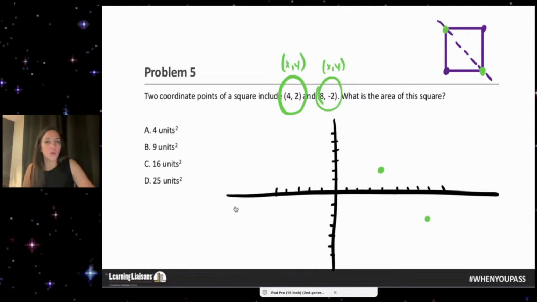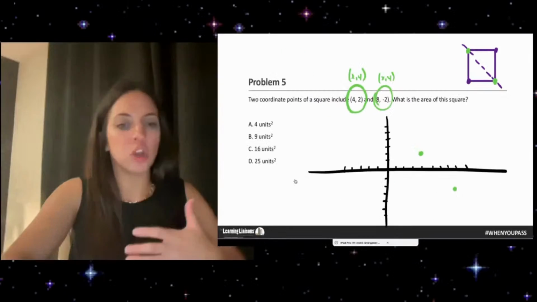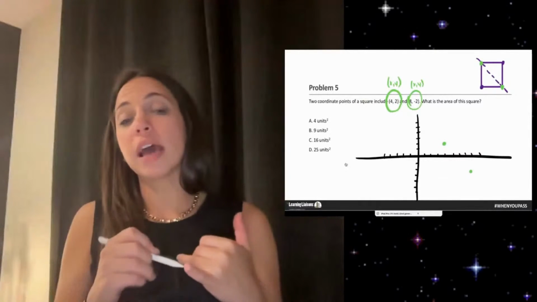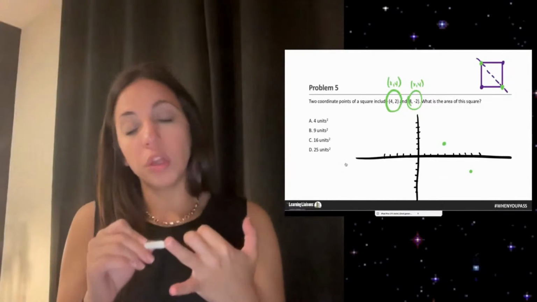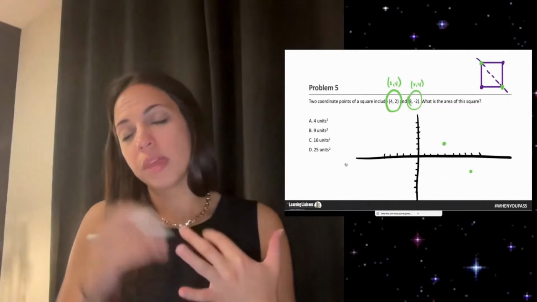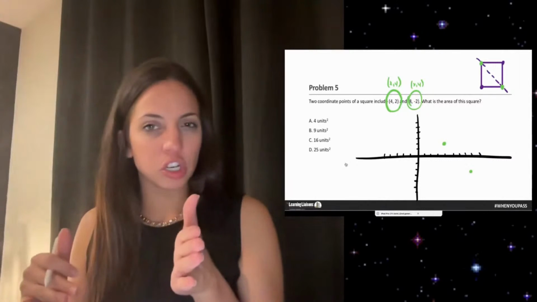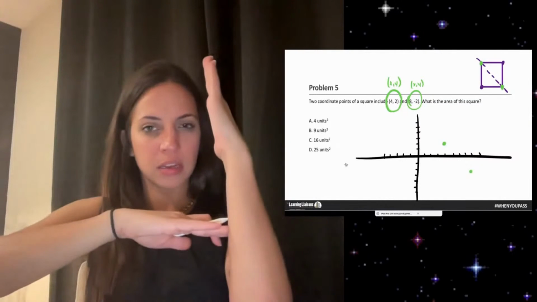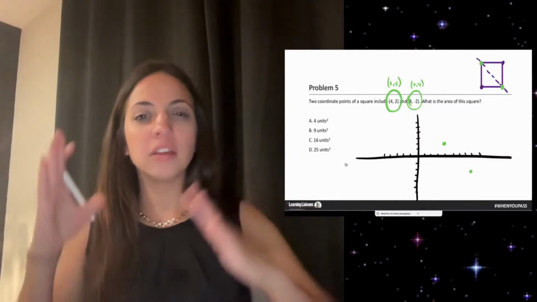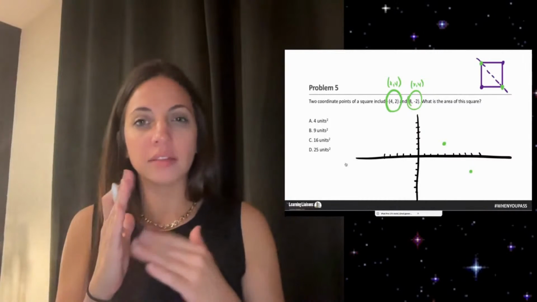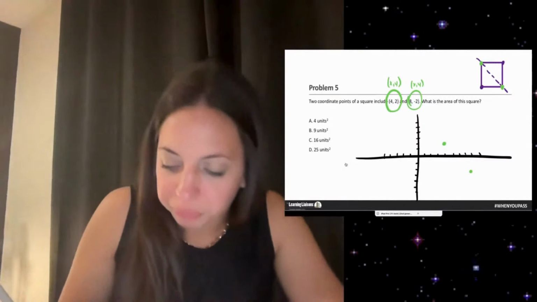Well, if it's a square, let's talk about things we know about a square. We know squares have the same length of sides, number 1. We know that they have 90-degree angles. And so if the green dots are 2 of our points and I'm creating a 90-degree angle, then I need to find the horizontal and the vertical lines that are going to create this square.